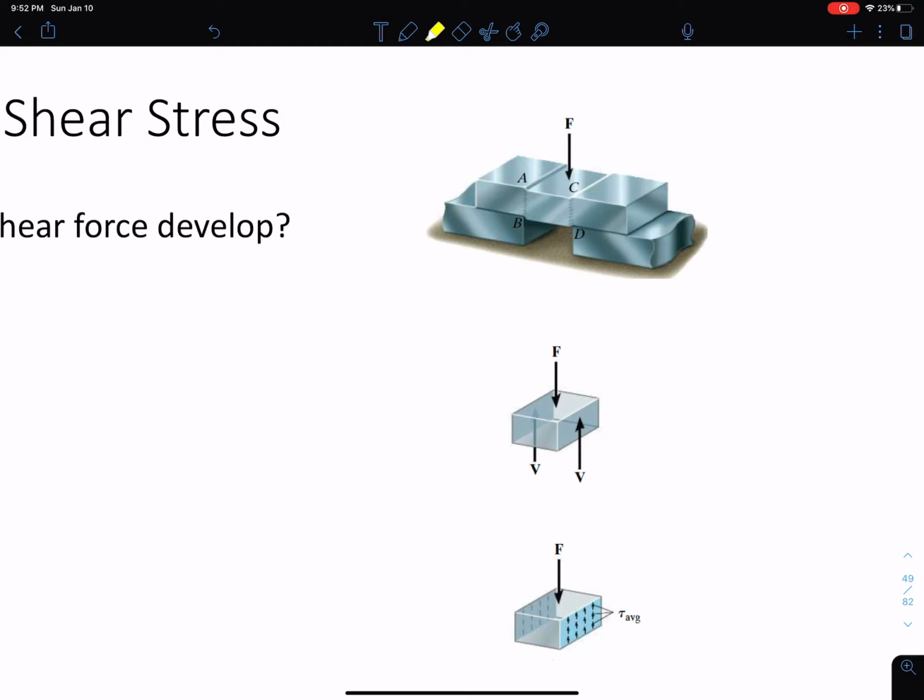If we push down with some force F, these sides are experiencing some shear. That resistance to that little block just falling through is a shear force, okay?